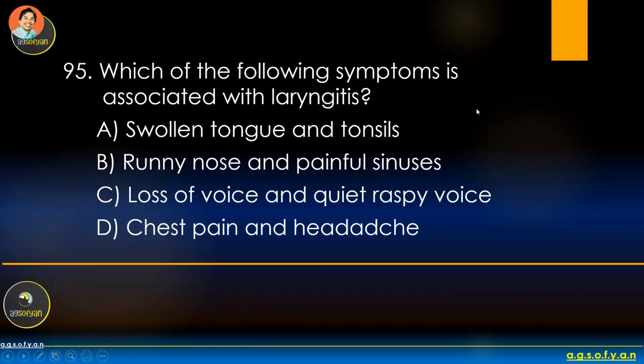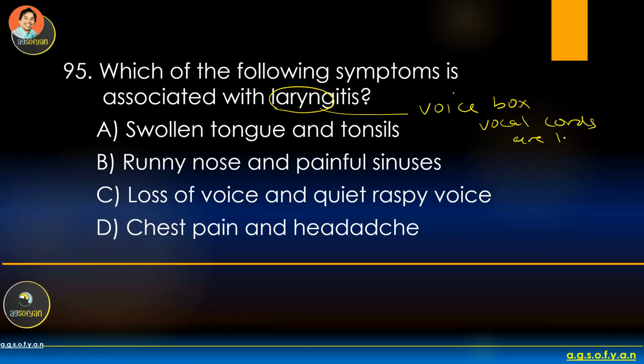Which of the following symptoms is associated with laryngitis? A, B, C, or D? Remember, the larynx is the voice box, so the vocal cords are located here. Now, if the larynx has inflammation, it's called laryngitis.